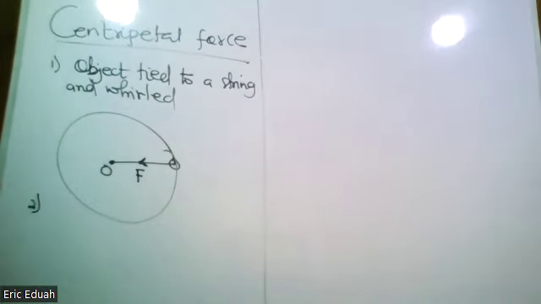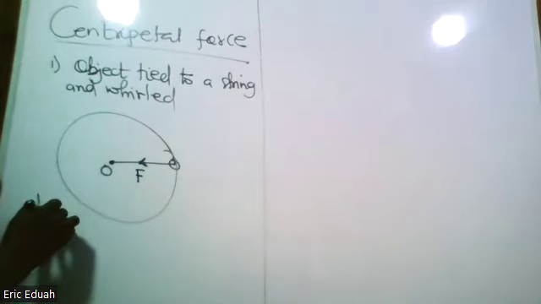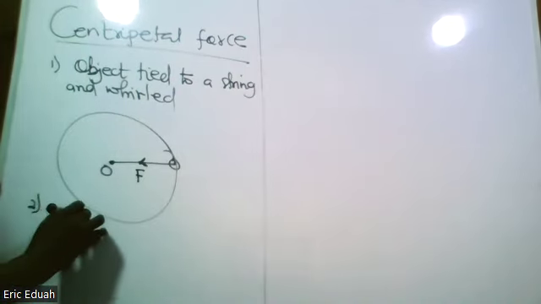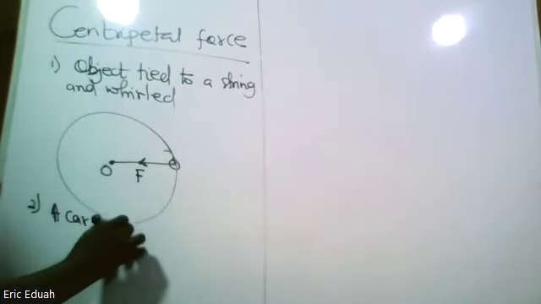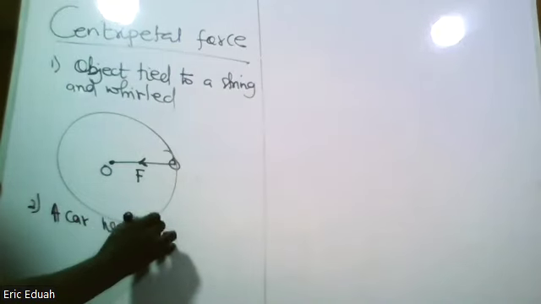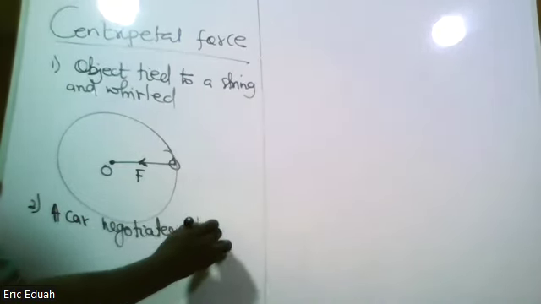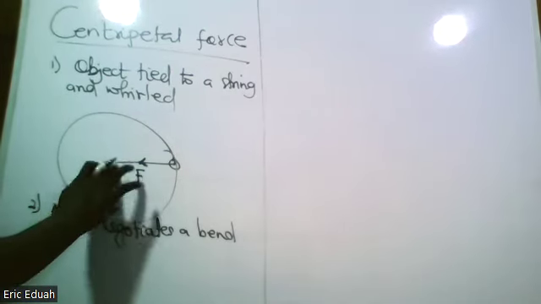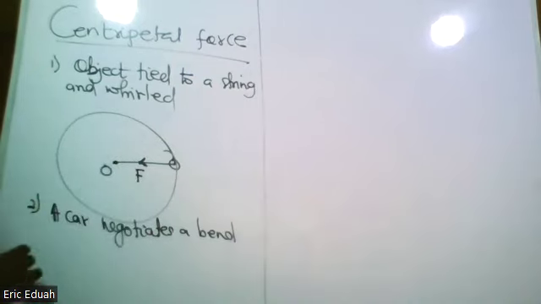Another situation of circular motion: when a car negotiates a bend, there must be a force which pulls the car towards the center of the bend or the circle, a roundabout.